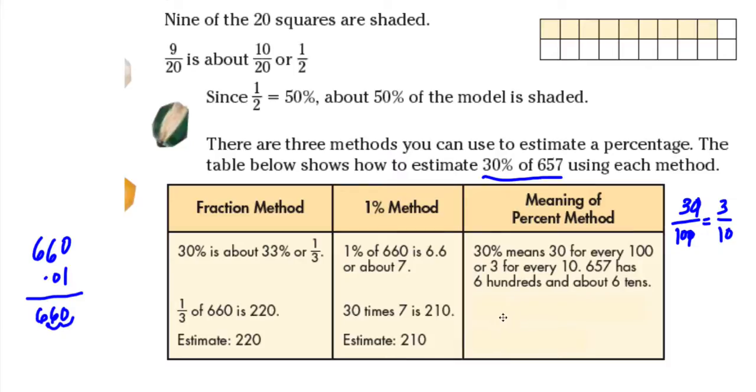Now if you look at this carefully, and you're looking at 30% of it, you simply multiply 30 by 6, for the hundreds, and 30 by 6, for the tens. So 30 times 6 is 180 plus 18 will give you 198. So using the meaning of percent method, our estimate for 30% of 657 is 198.